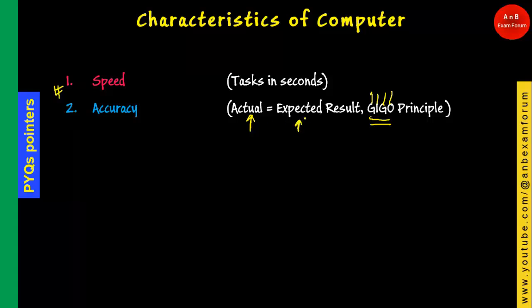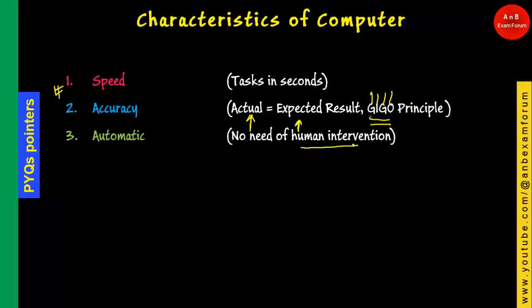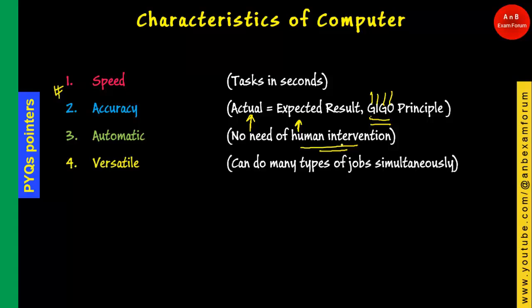Third is automatic. A machine becomes automatic, which means it does the task itself and needs no human intervention. That is one characteristic which separates it from the human. And versatile: humans are also versatile, but we have a limited capacity.